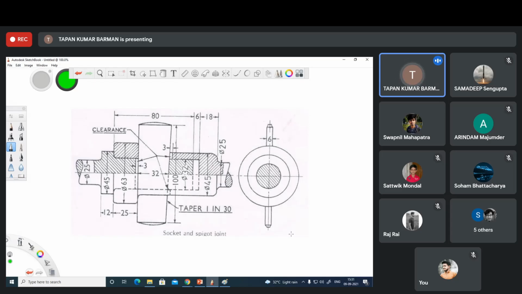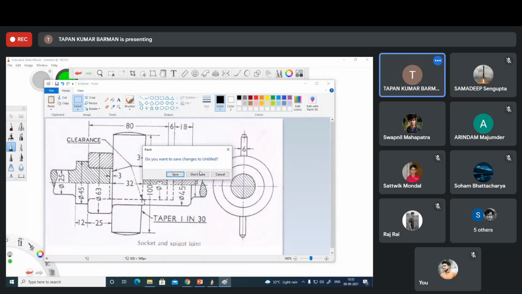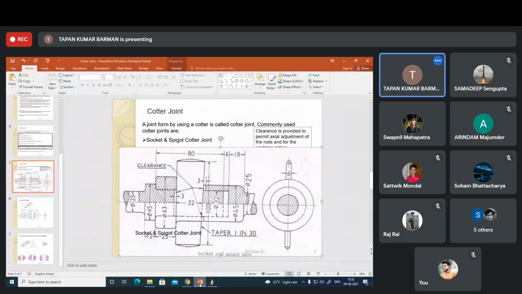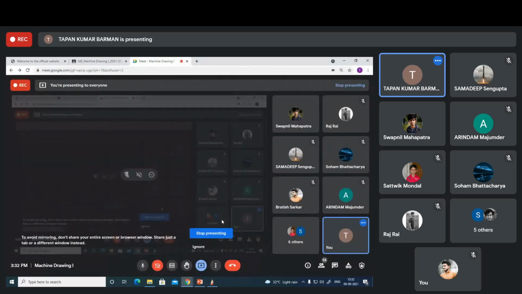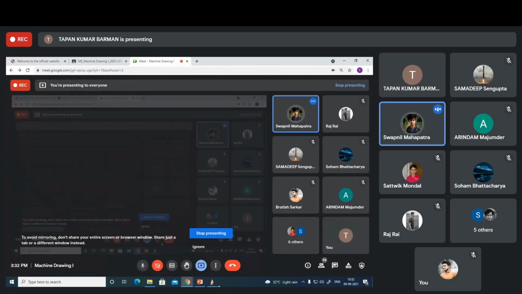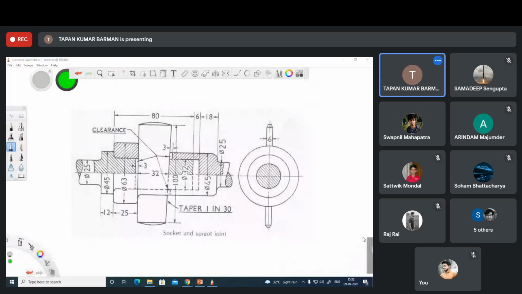This figure is there. So can you show the thing? Okay, no problem. You should try. I want to see what you have understood from this.